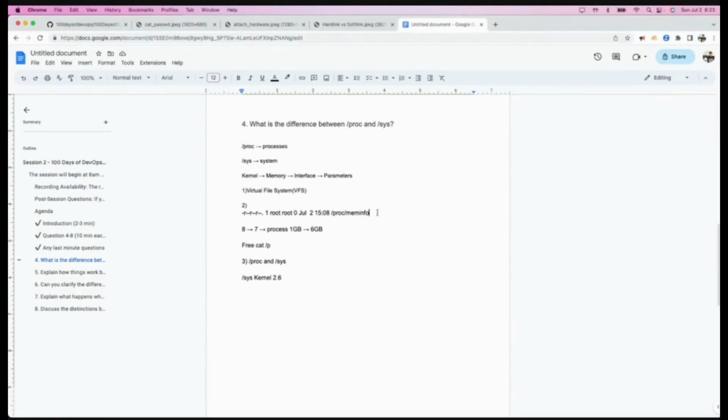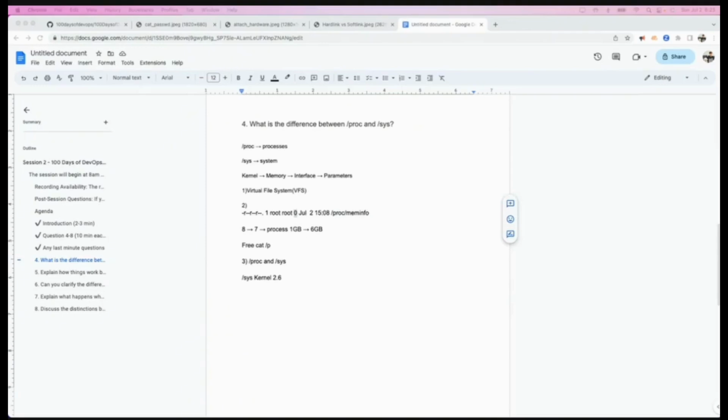And the reason the size of this file system is 0 bytes is because this is the kernel snapshot at that particular moment in time. The kernel at that moment will decide you need this much memory in the RAM. And just remember this point: whenever you or an application write to this file, it's just a call to a kernel function. And when you read a file, it is a snapshot at that particular state.